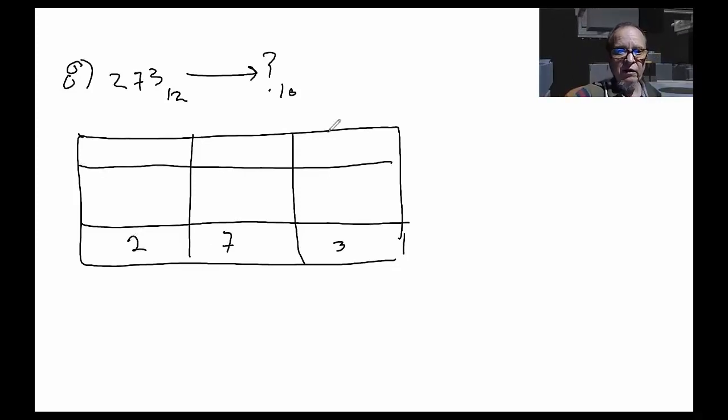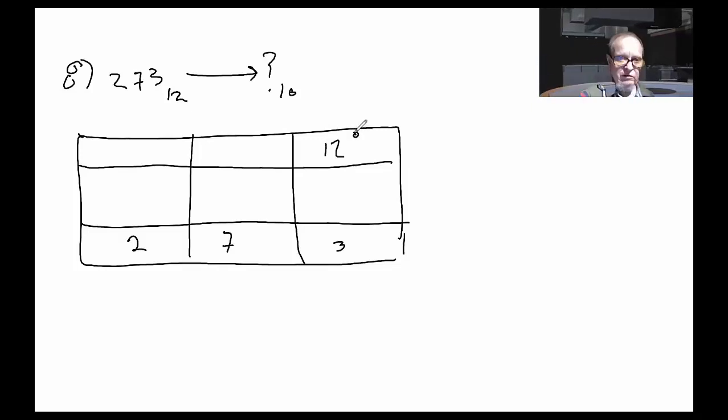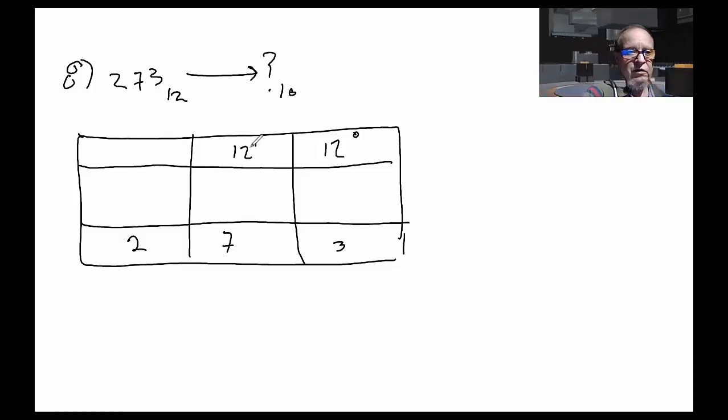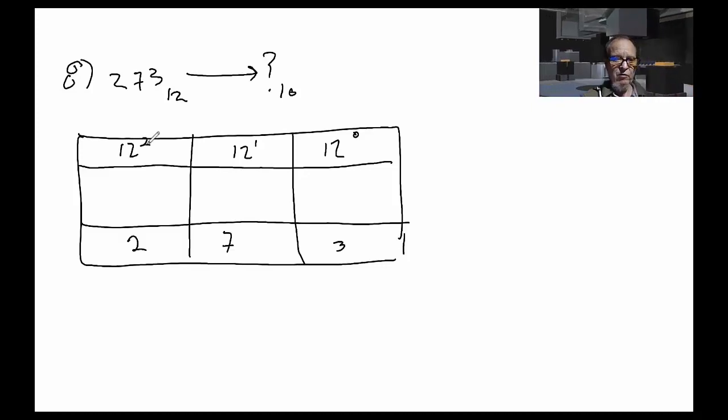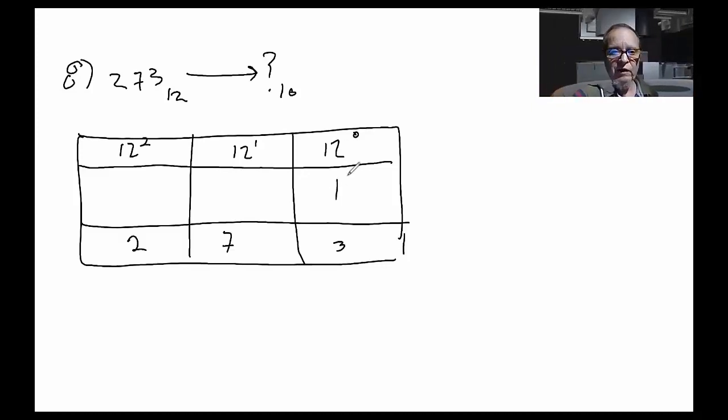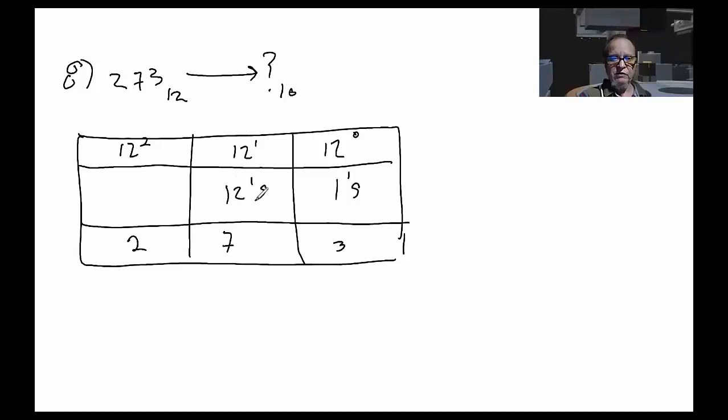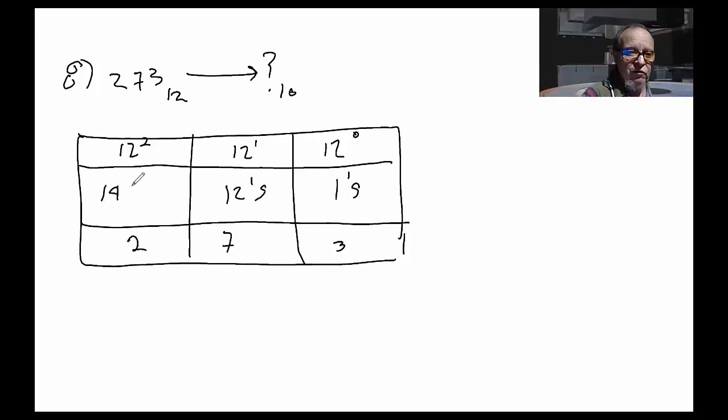And then we have here 12 to the 0 power, 12 to the 1 power, and 12 to the second power. Anything to the 0 power will be our 1s. Anything to the first power is itself, so that will be our 12s column. And then 12 squared is 144, and that's our 144 column.